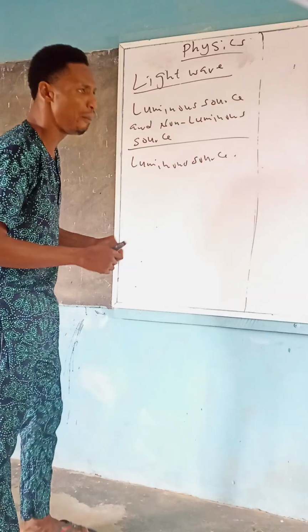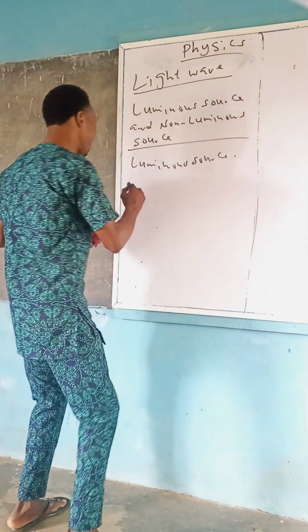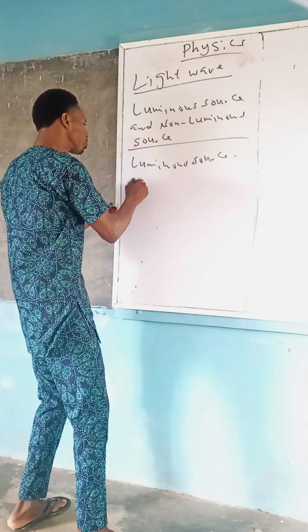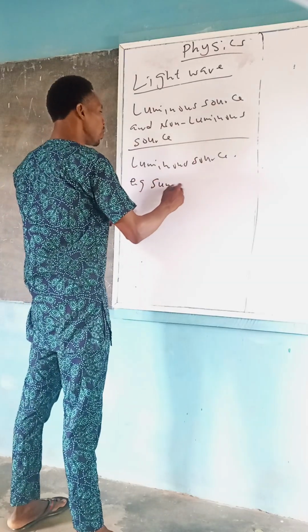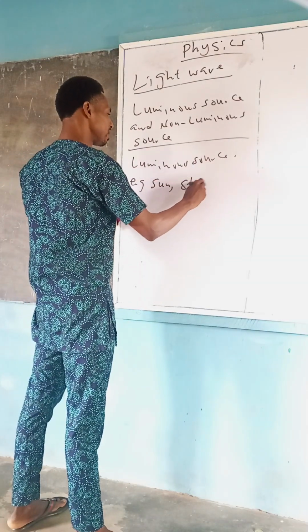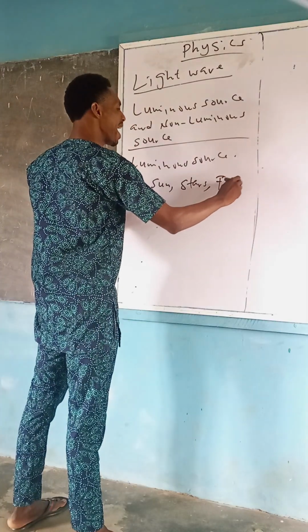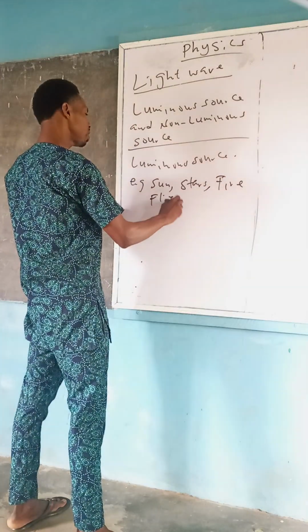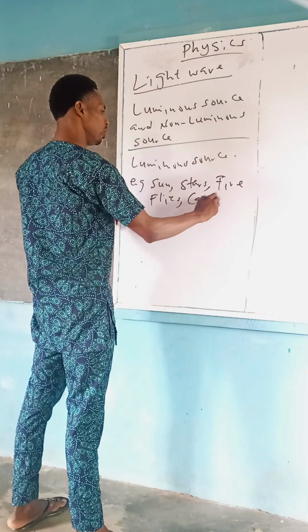Now, what are examples of luminous source? We have the sun, the stars, fireflies, and the candle is also a luminous source.